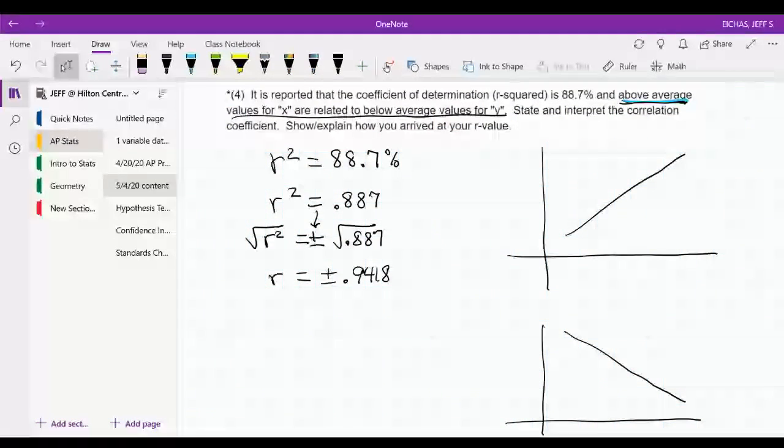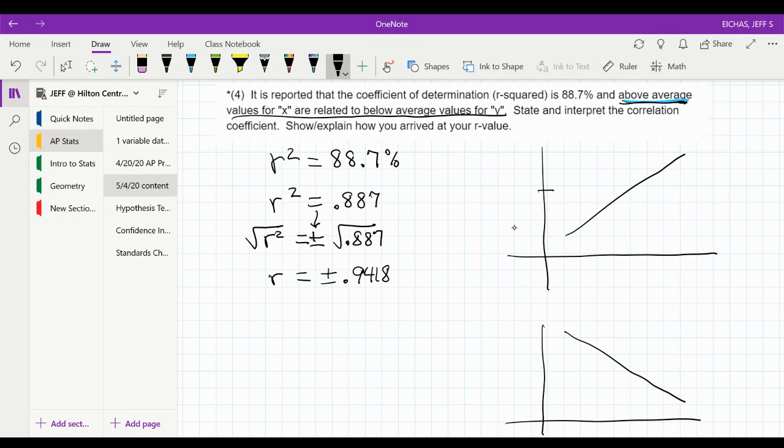All right. Now, in every one of these, the line of best fit will hit the point where x bar, y bar meets. To the right are your above average values of x, and those are your below average values of x.